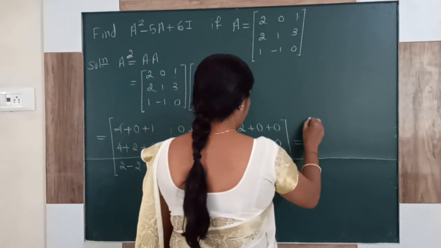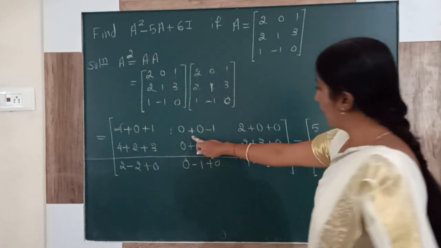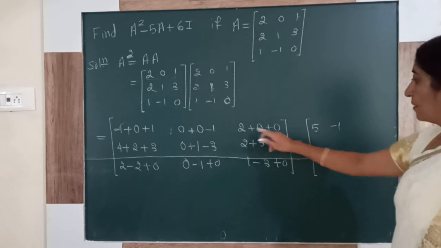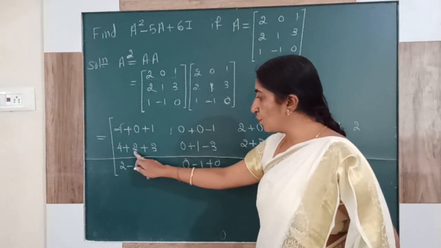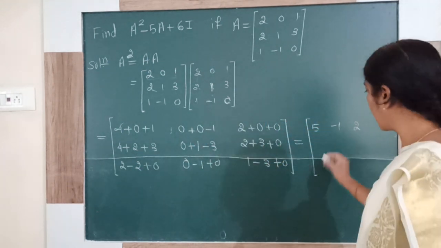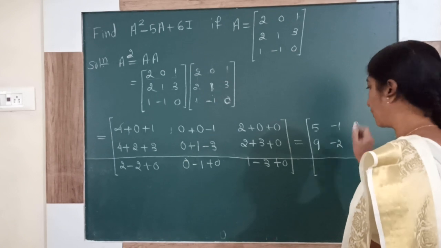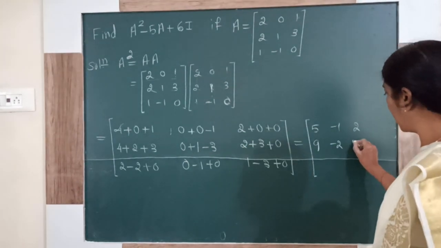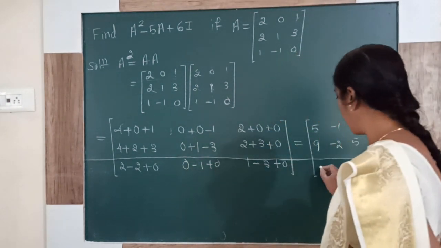Simplify this. This will be 5. This will be minus 1. This will be 2. Next, 4 plus 2 is 6, 6 plus 3 is 9. Then 1 minus 3 is minus 2. 2 plus 3 is 5. Then these get cancelled, you are getting 0.